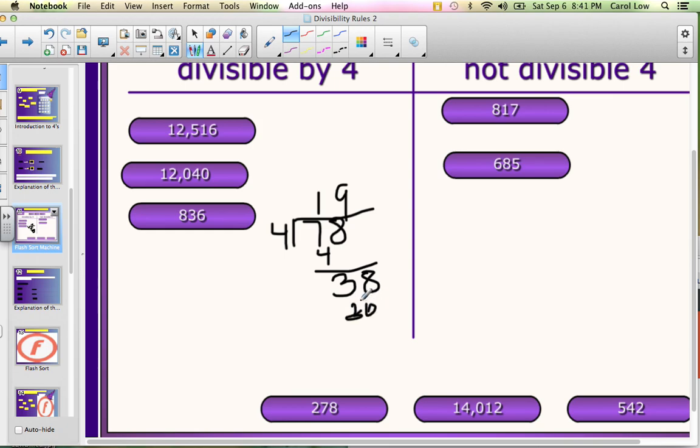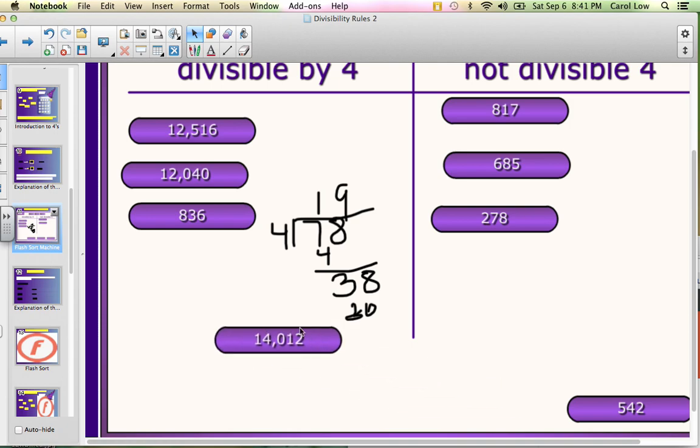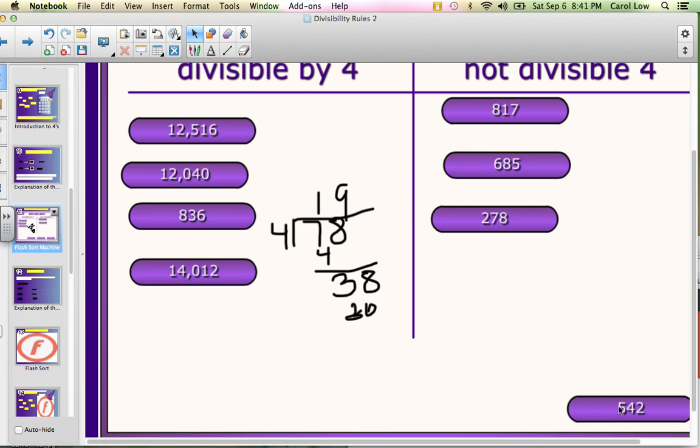So it is not divisible by 4. 14,012, it is because 12 is divisible by 4. And 42 is not. So there we are.